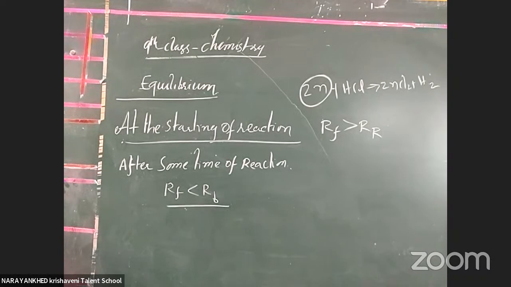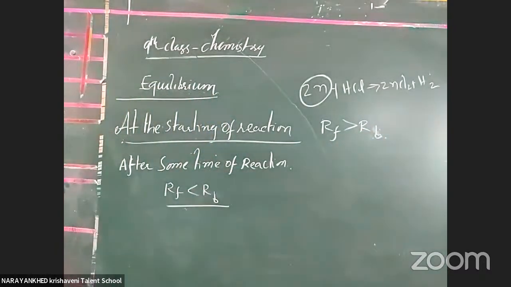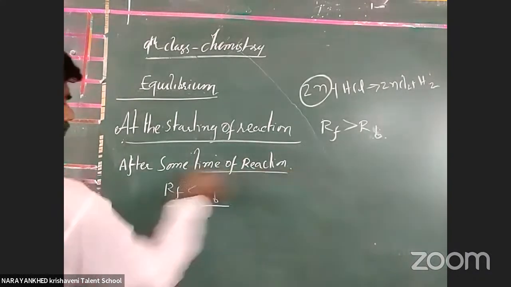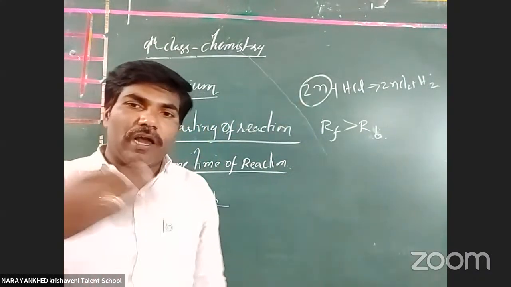The concentration of the reactant decreases, and the concentration of the product increases. Then the product starts giving the reactant, the backward reaction gradually increases, so RF is less than RB. Okay, clear or not? I hope you understood. Now the reaction has started.